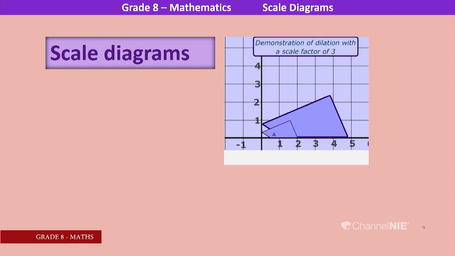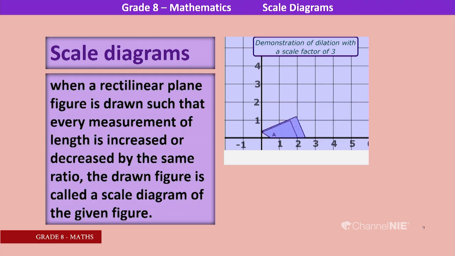Demonstration of dilation with a scale factor of 3 times with the original plane figure. When a rectilinear plane figure is drawn such that every measurement of length is increased or decreased by the same ratio, the increasing ratio or decreasing ratio should be equal, the drawn figure is called a scale diagram of the given figure.